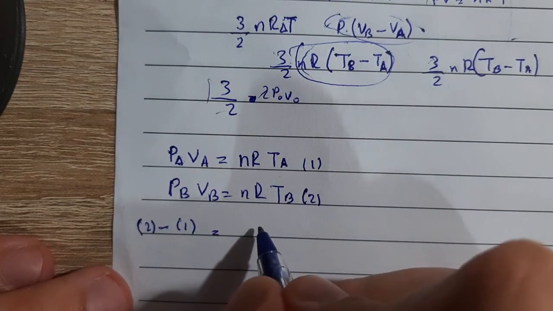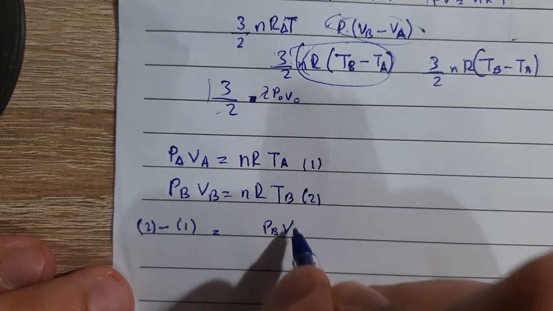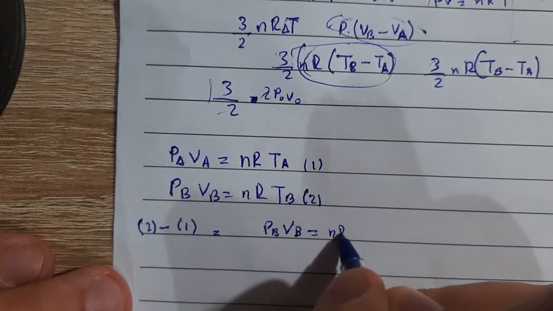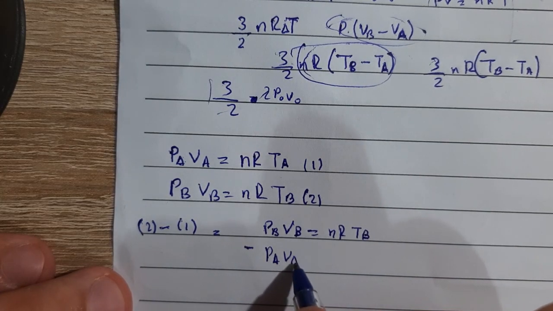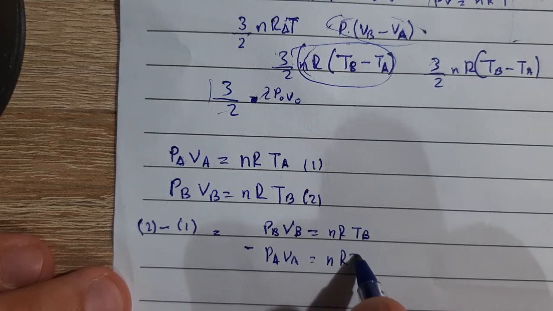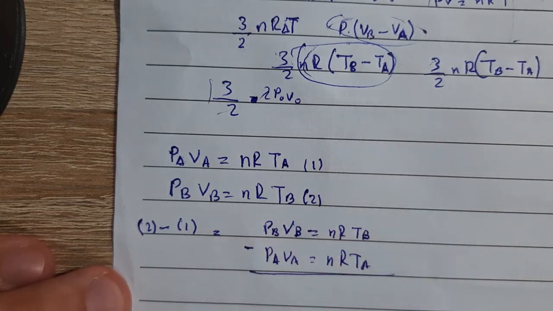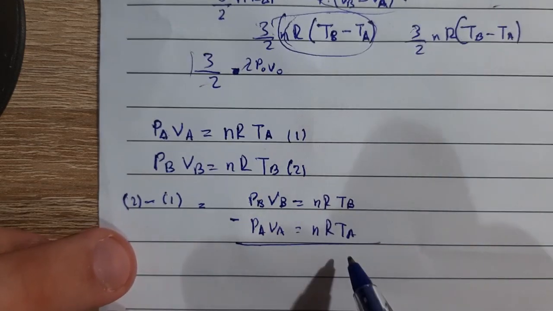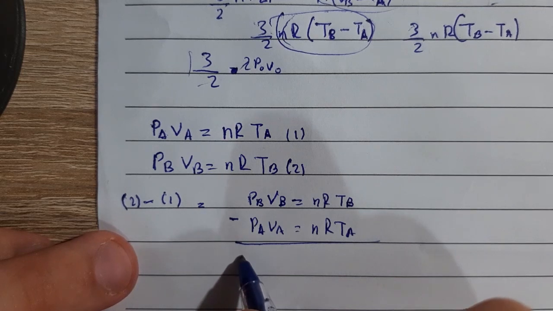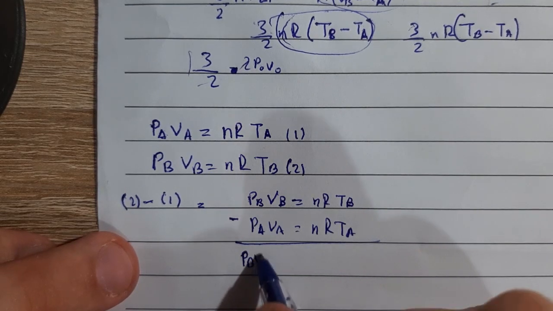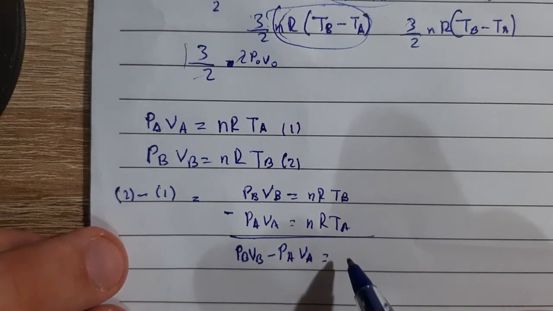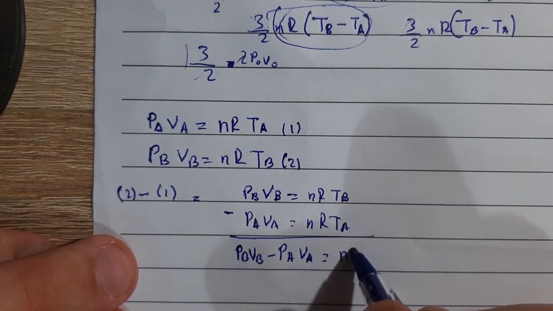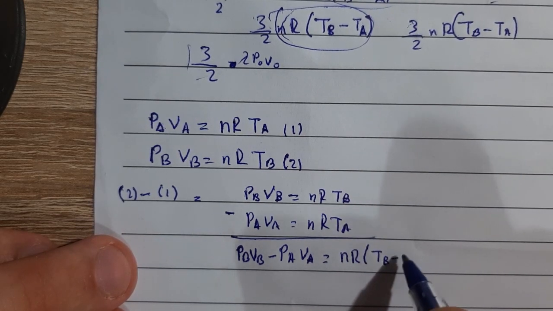So PB VB is equal to nR TB, minus PA VA is equal to nR TA, okay? If you do this subtraction, what are you going to find? PB VB minus PA VA is equal to nR times TB minus TA, right?